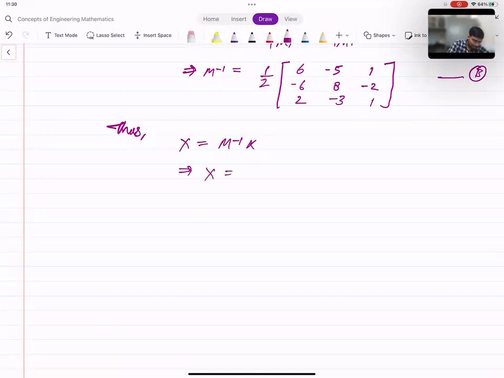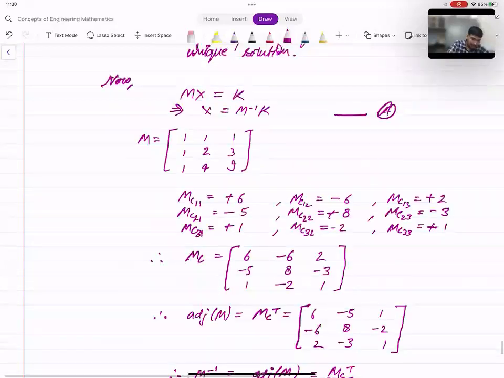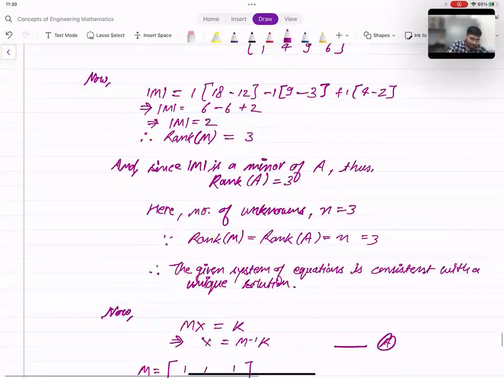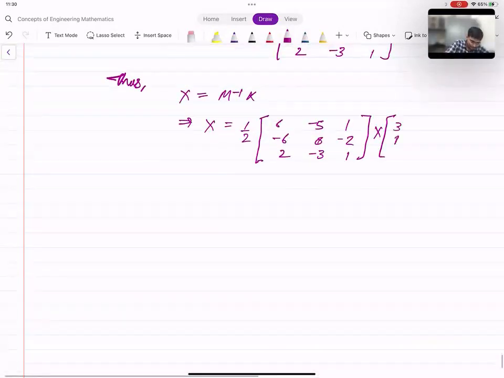Let us put it as X only; we will later replace it with X, Y, and Z. M inverse comes out to be 1/2, where I have kept the scalar outside: 6 -6 2, then -5 8 -3, and 1 -2 1. Then we had the matrix K, which is the matrix of constants. So this was 3, 4, and 6.